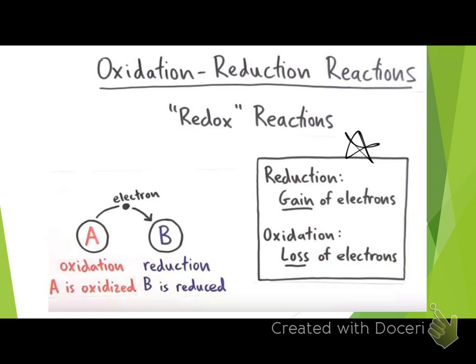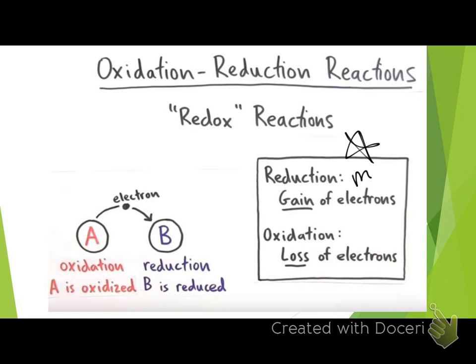Here's where you need to really make sure you are focused when answering these questions, because we are dealing with electrons, which are negative things. So if I look at reduction, gaining electrons, if you gain negative things in your life, what happens to your attitude? Probably gets more negative. If you gain electrons, what's happening to the element?